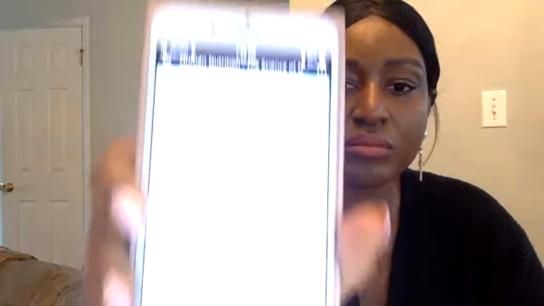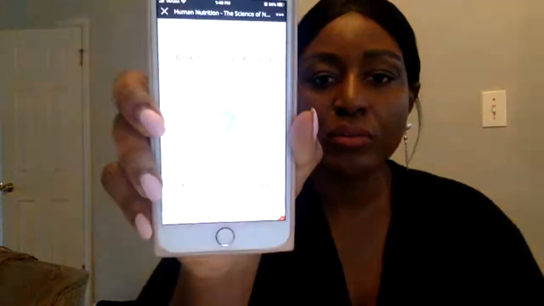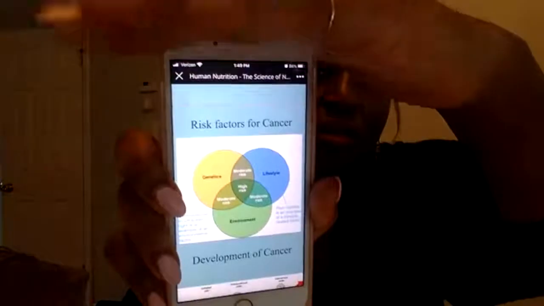Actually, I should start showing this so I can reference it when I go back. So I know which diagram I'm talking about. But yeah, basically just showing that genetics, lifestyle, and environment are three of the major risk factors for cancer.